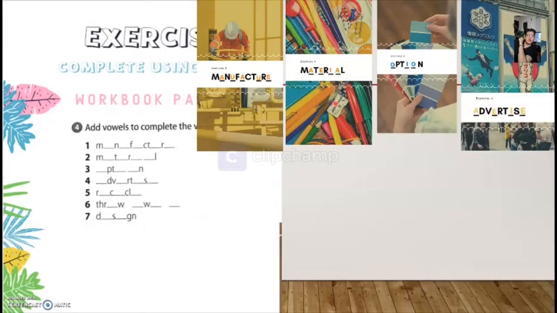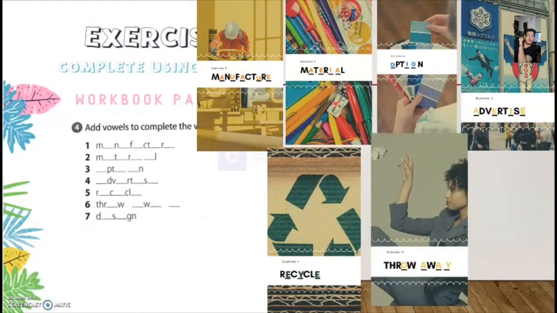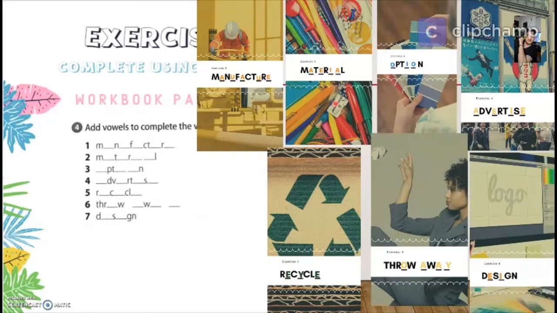For number 4 we have advertise, maybe you can find it in a magazine or in a newspaper. Number 5 we have recycle, when you reuse something. Number 6 throw away, it's basically when you take something up, boop, throw away. And for number 7 we have design, when you make a logo.